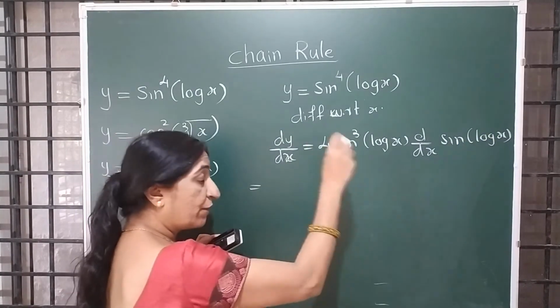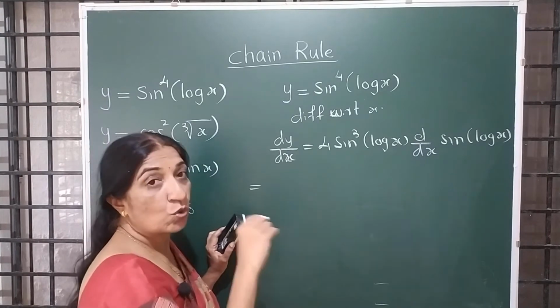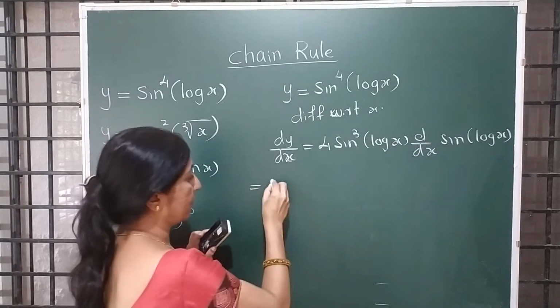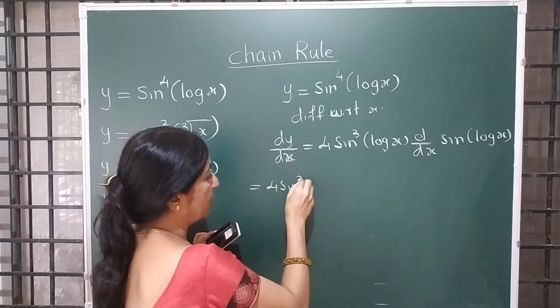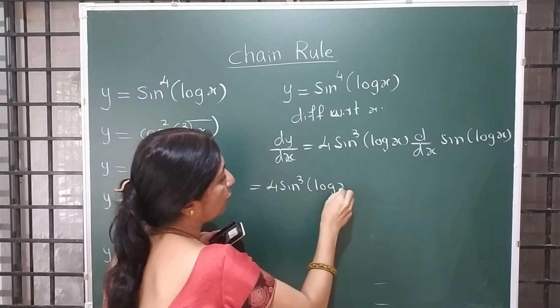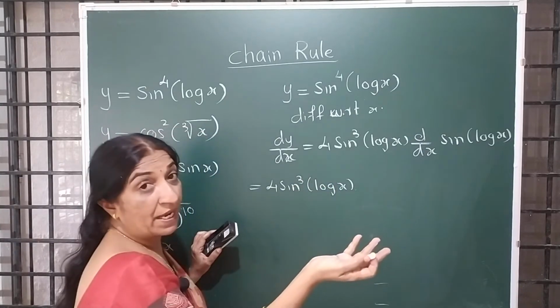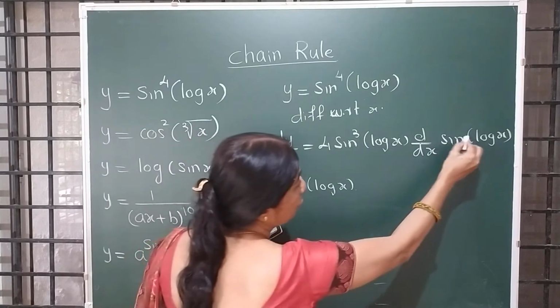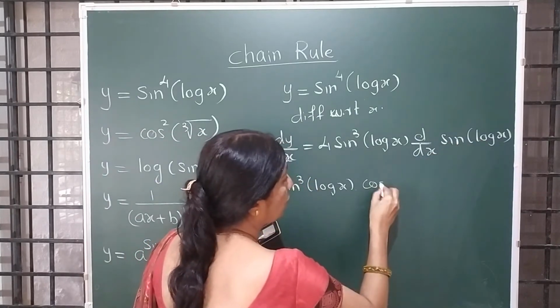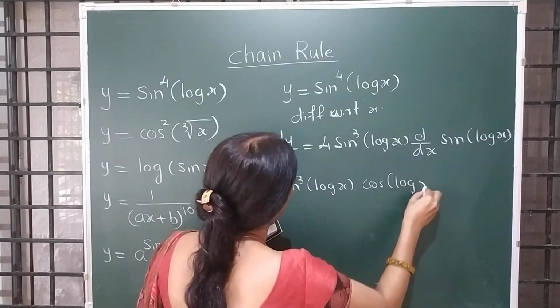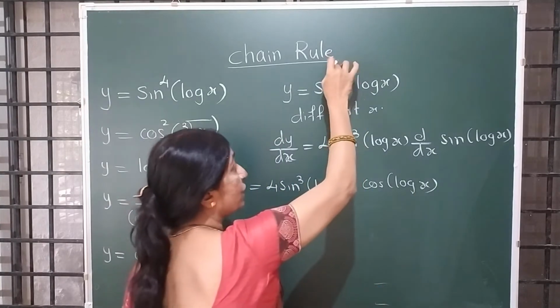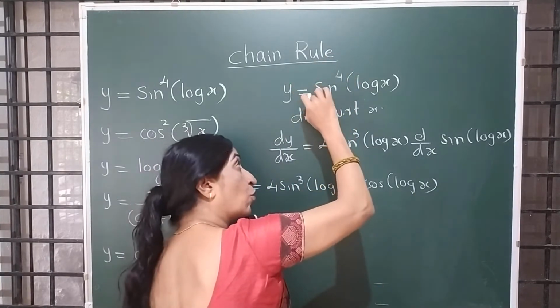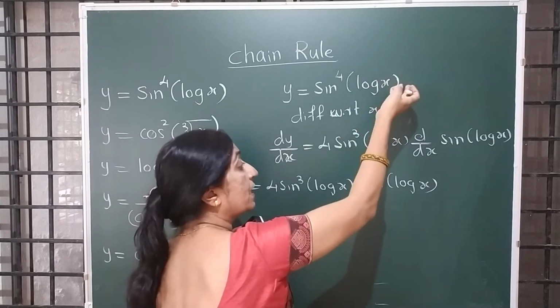So write every step as one differentiation. Don't write all the differentiation in one line. Maybe you are thorough, but at that time this mistake may happen. That's why, differentiation of sin log x is cos log x. Again go to the original. We differentiated the power, we differentiated the trigonometric term, then move to the angle.